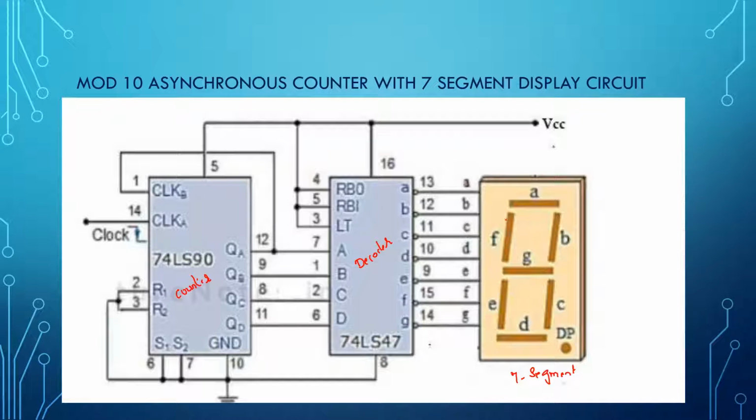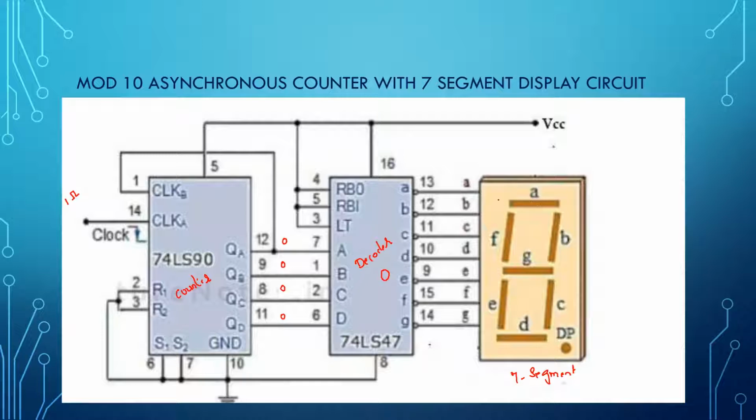For example, let me say that I have given the first clock input. This will produce an output of 0, 0, 0 and 0. And the decoder will produce an output of 0 because it has to convert it into its respective decimal number, right? After that, this 0 in turn has to be shown in the 7-segment display.